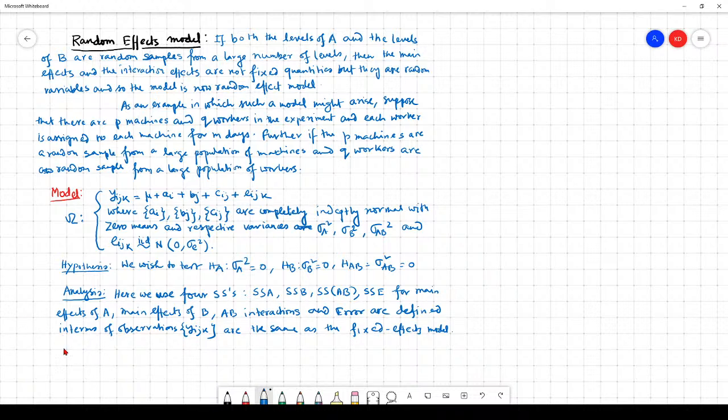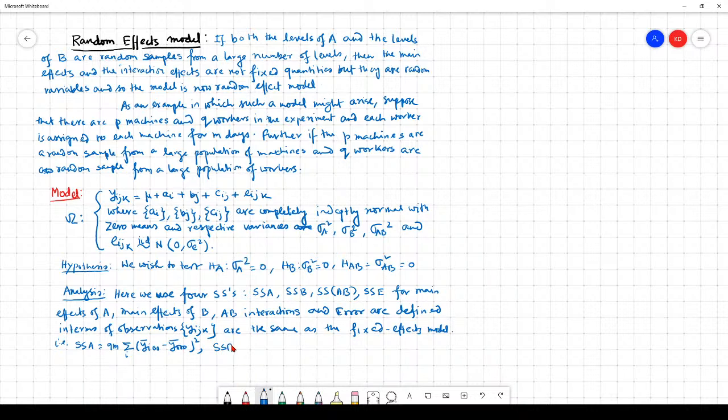That is SSA. I just recall the sums of squares of the fixed effect model. SSA, the sum of squares due to factor A, is the sum over i of (yi naught bar minus y naught bar) whole square.